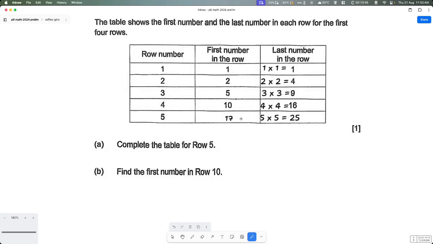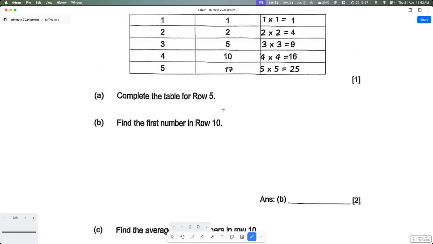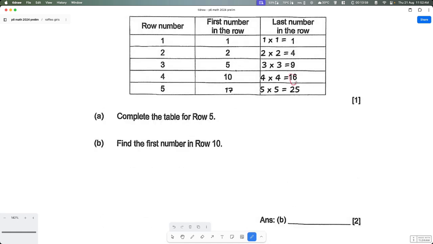One thing I see in the pattern is 1, then 2, 4, then 5, 9, then 10, 16, and then 17. The easiest way is to get the previous row's last number and then plus 1 for the first number.